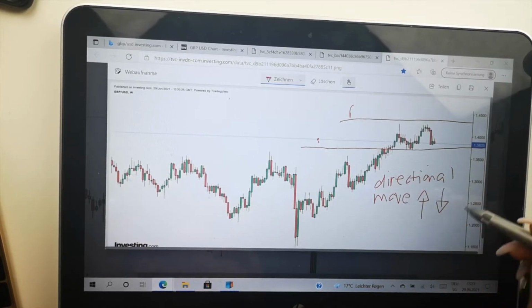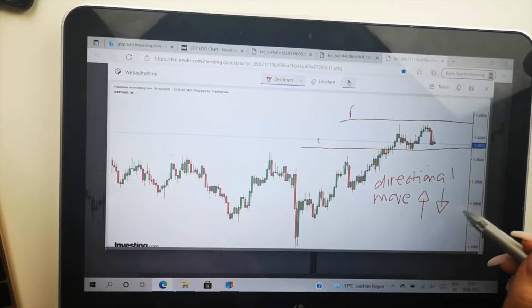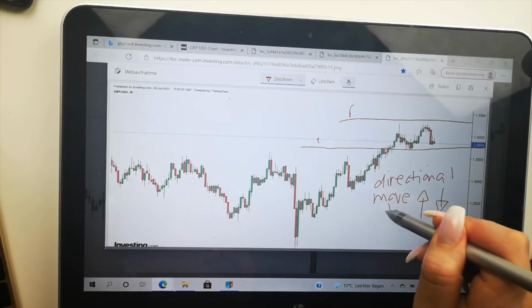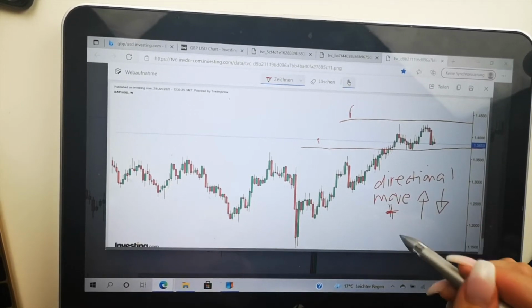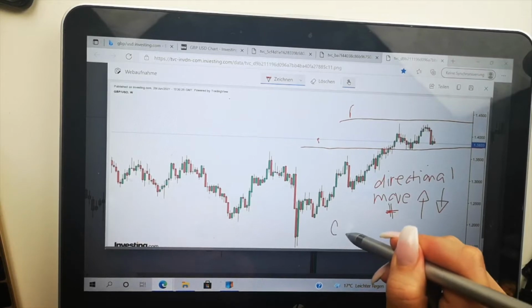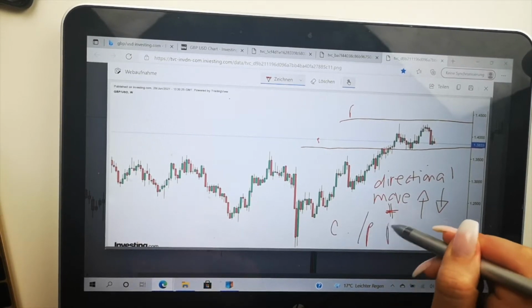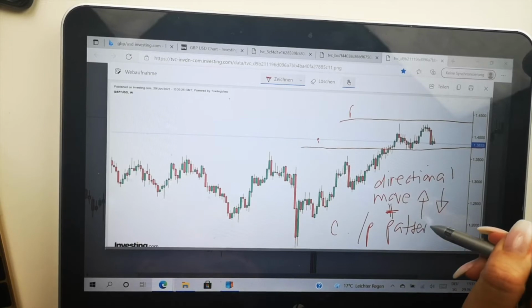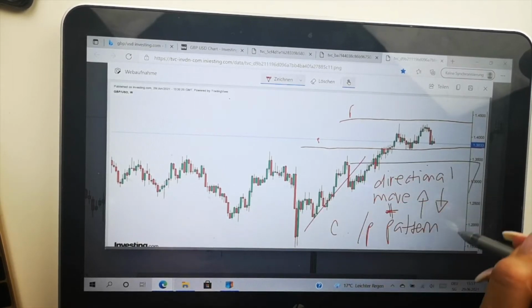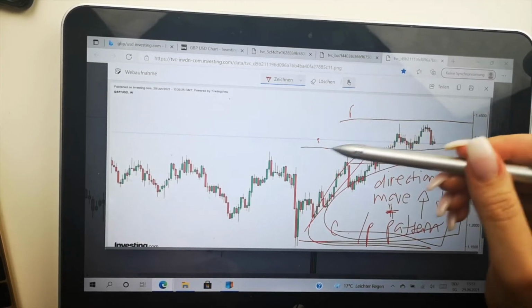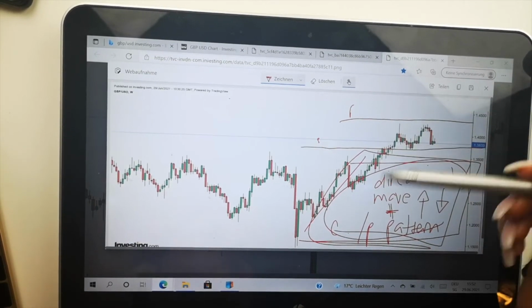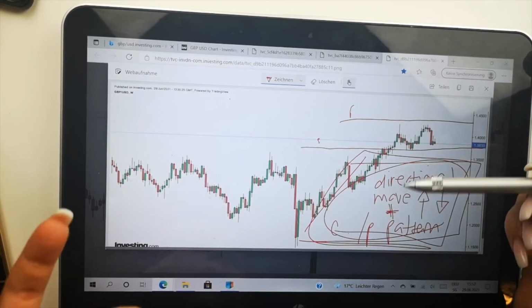I let the market decide, and then I wait plus, that's my second tool, I wait for a reliable candlestick or price pattern, and then I basically enter. This is what I actually do whenever I see that we're stuck in a support resistance zone. This is what I do, and it really works for me.